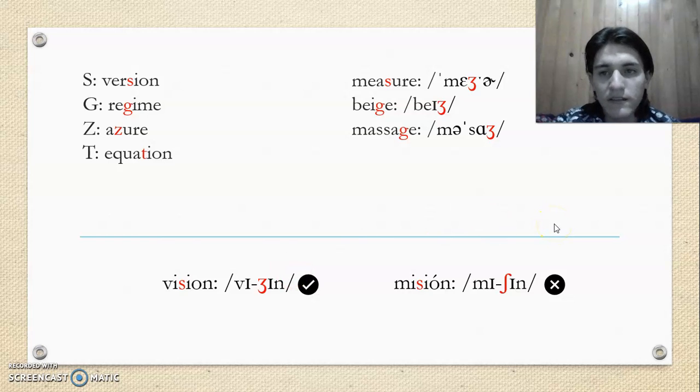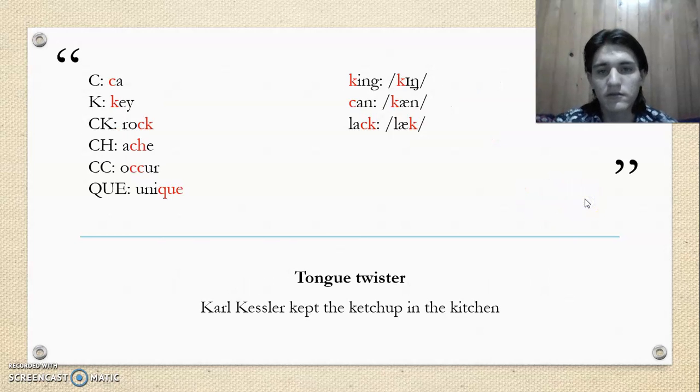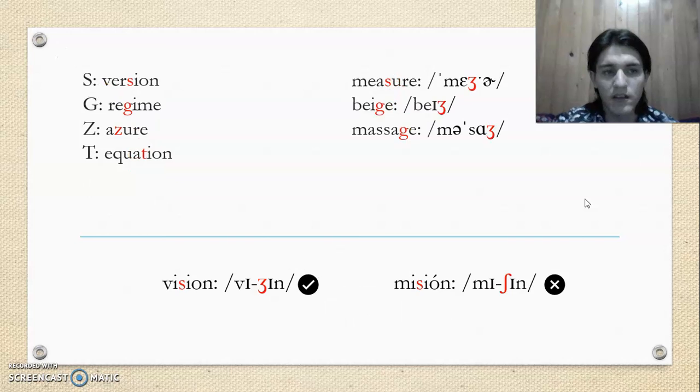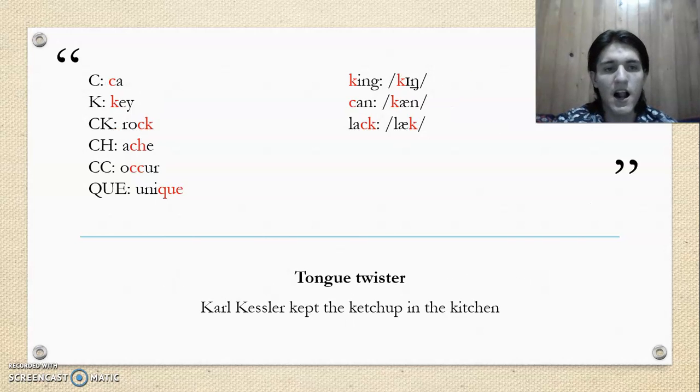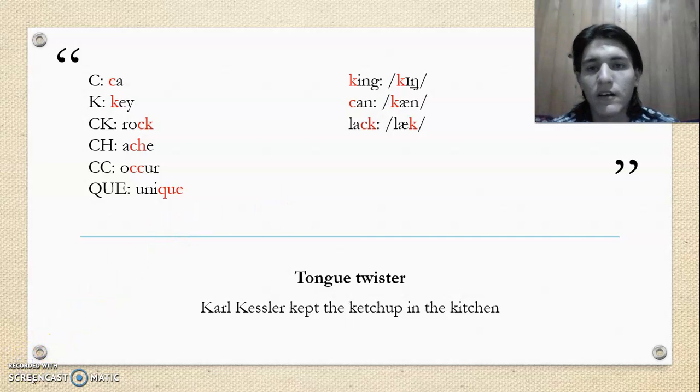And finally, let's explain the consonant sound ka. Well, it's a stop and voiceless consonant sound. It is a plosive.